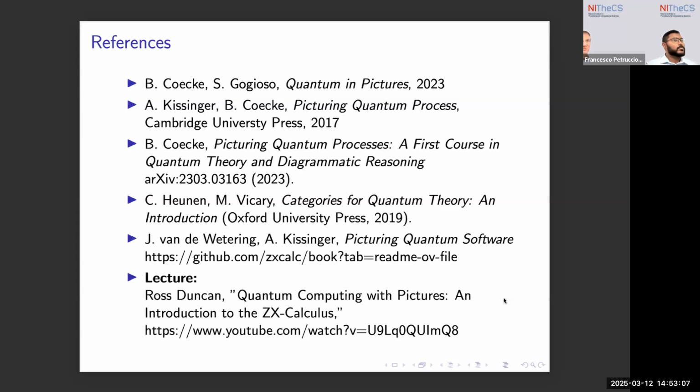Any other questions? So in next week's lecture, I'll go through some more examples using ZX calculus, practically on circuits. I'll go through the teleportation protocol using ZX calculus and a few other examples.